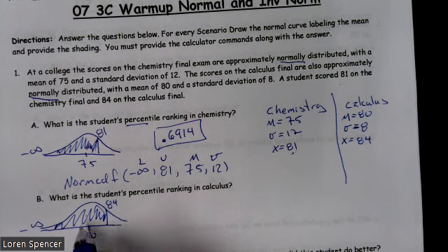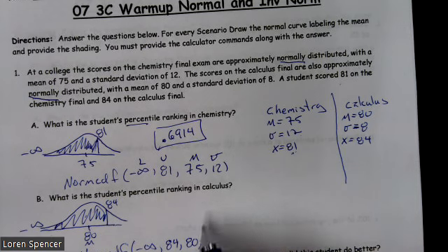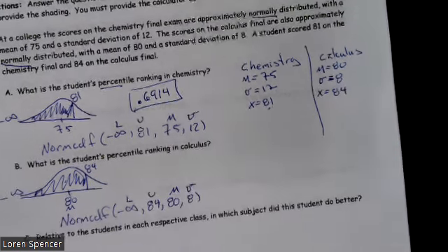We're looking for the area, we're looking for that percent, so this is going to be a normal CDF. The lower is still negative infinity. Our upper part of our shading, we shaded up to an 84. Our mean is 80. And our standard deviation is 8. So lower, upper, mean, standard deviation.